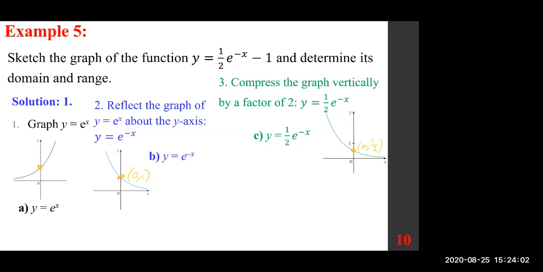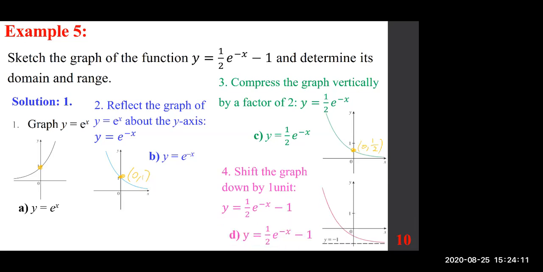And now minus 1, that means just take it down by 1 unit, okay? So we are going to bring it down by 1 unit. When we do that, the graph looks like this. So we shift the graph down by 1 unit.